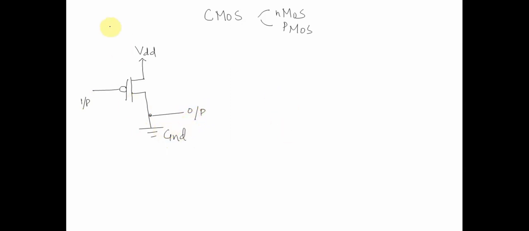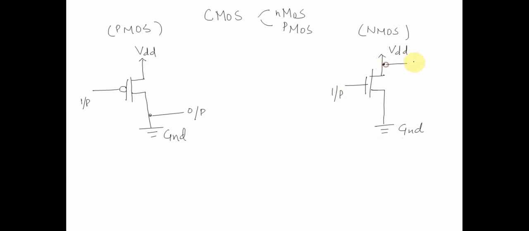Similarly, basically this is a PMOS, and what is an NMOS and how does it look? I will draw NMOS over here. We have an input over here, a ground over here, a VDD over here, and for NMOS the output is tapped over here. When I say that the output of PMOS is tapped over here, it does not mean that the output will always be equal to ground.